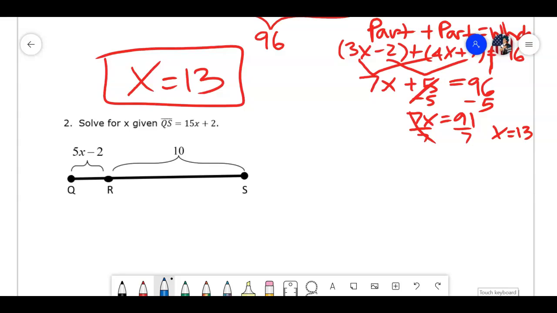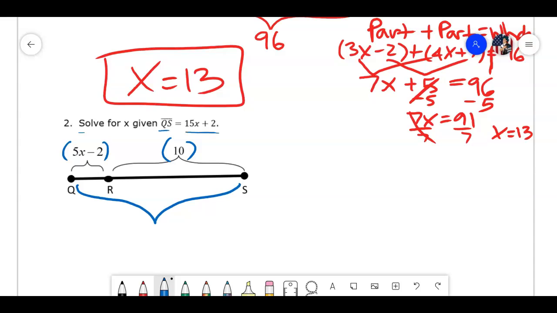Okay, number 2, same idea. I know my first part, QR. I know my second part, RS. But the question is, do I know what QS is? It's not on the picture. But if you read, it says, QS is 15x plus 2, right?